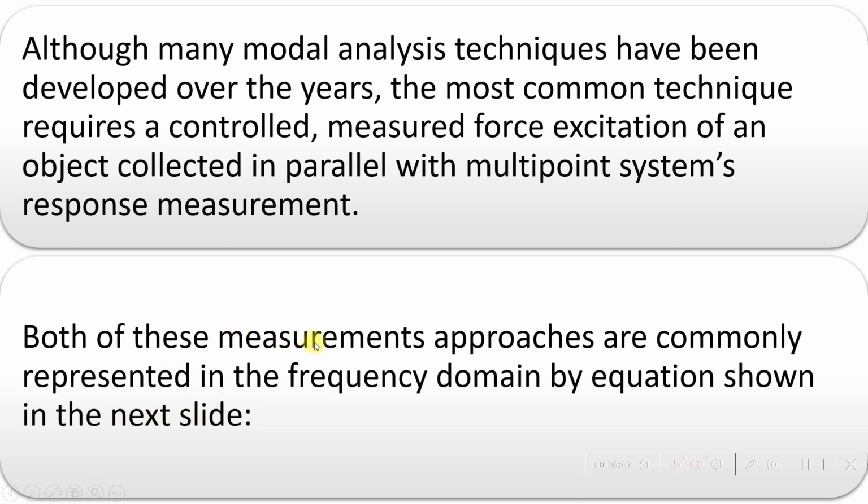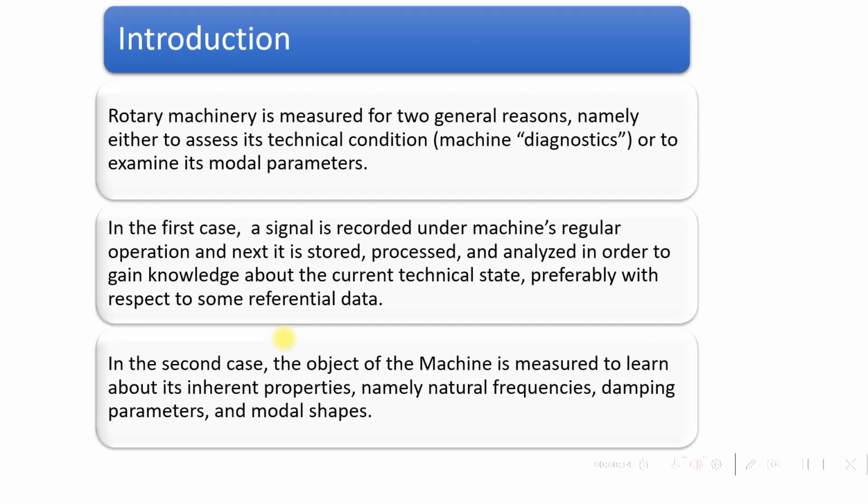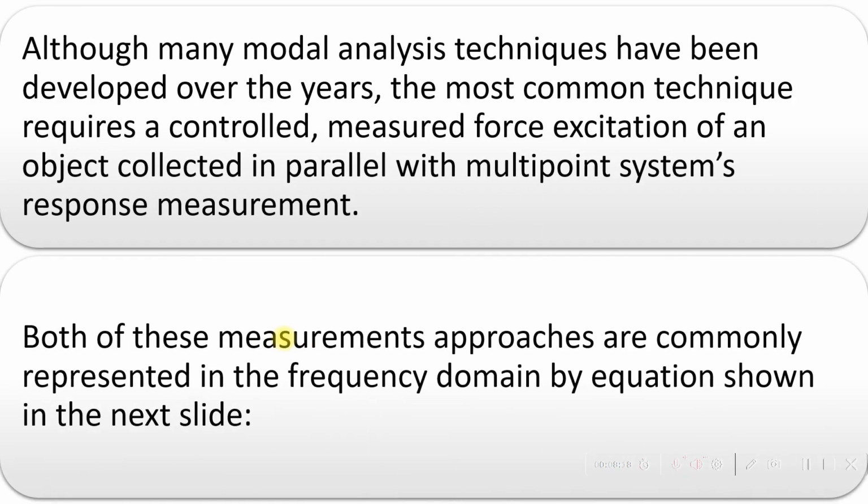What are the two measurements? Just now we have shown you the first, that is its technical condition. The second one is its modal parameters. Both of these measurements are represented in the frequency domain. That means, first the signal is recorded in the time domain, then we convert that signal into the frequency domain.